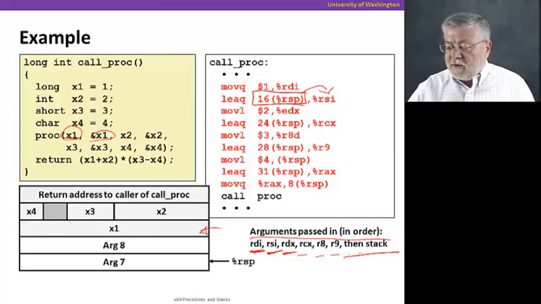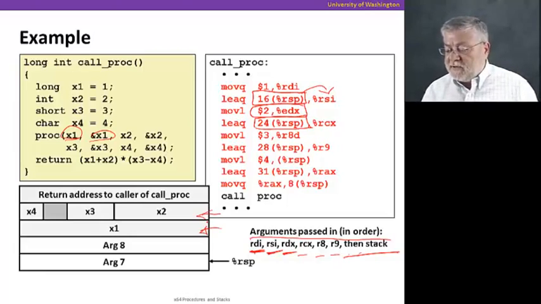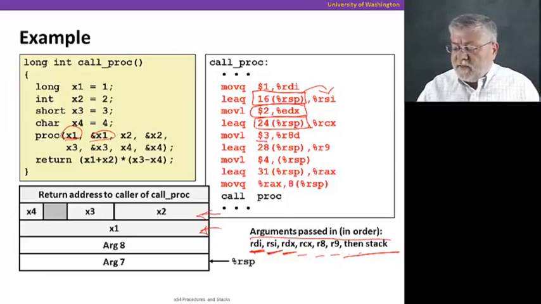Then we'll put a value 2 into EDX for the third argument, and the address of that value, which is at 24 plus RSP, into RCX, that address for x2. Then we'll move a 3 into R8D.